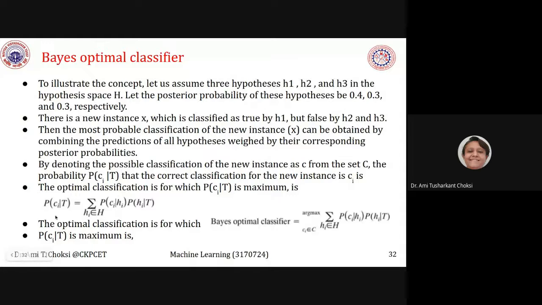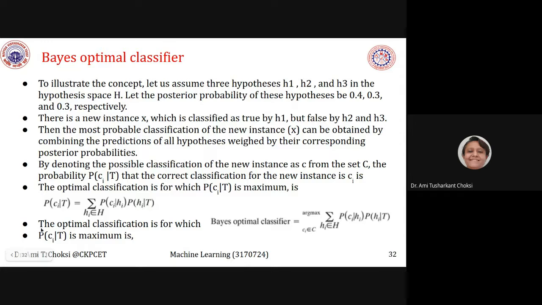So how can we find that? P of Ci by T is equal to the sigma over Hi belonging to H of P of Ci upon Hi into P of Hi by T, right? I told you that we have to find the product of these things, isn't it?